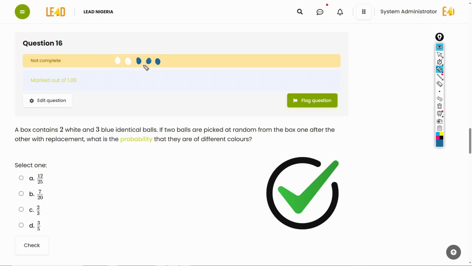The deal is that if it's with replacement, that means the one you took, you put back. That means the set of balls will remain the same. It will always be 2 white and 3 blue to draw from.